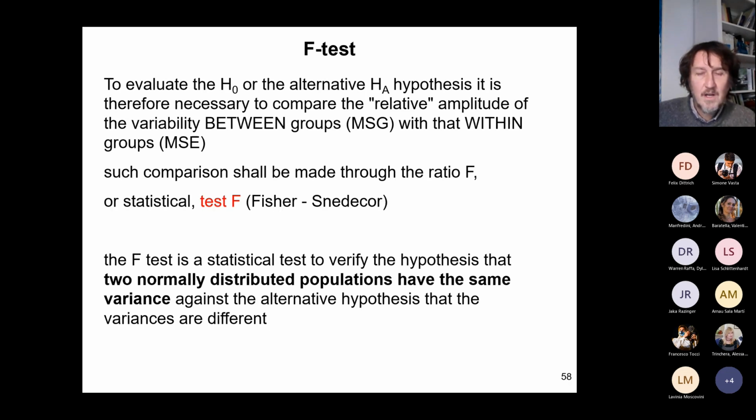We have to use the F-test, that, if you remember, is the same test that we approached to test homoscedasticity before the t-test. So the F-test analyzes differences in variability, in variance.